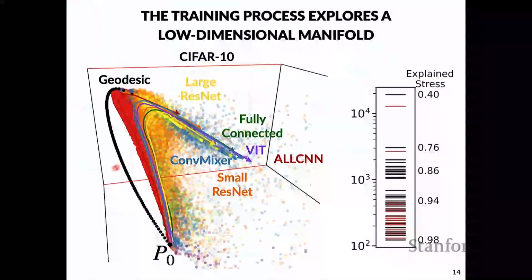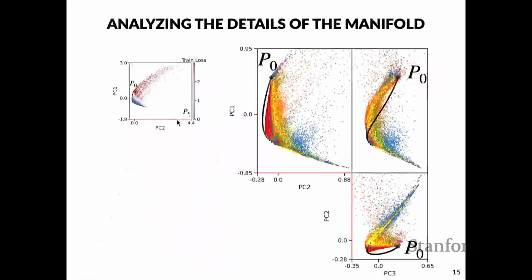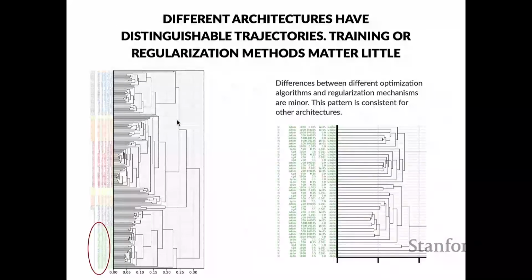No, right? So all the trajectories are quite similar to each other, and they're all different from the geodesic. There are differences in how similar. So for instance, all CNNs are a bit closer to the geodesic, and we don't know why, really. But in this plot, we treat the geodesic as just one other trajectory, and then this little black line that you don't really see very well is actually the geodesic. It is far from everyone.